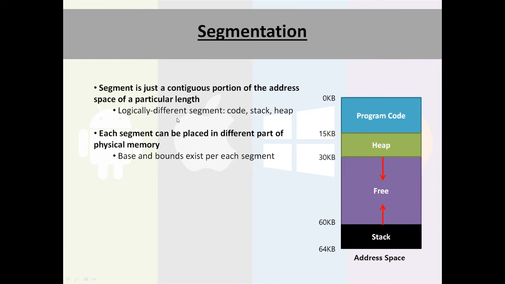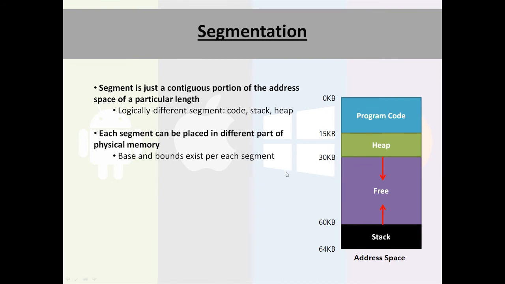And you can make some logically different segments like the code, stack, and heap, like we've been talking about before. But now we can actually store each of these segments in a different place in physical memory, because there's not a necessity for these to be next to each other.